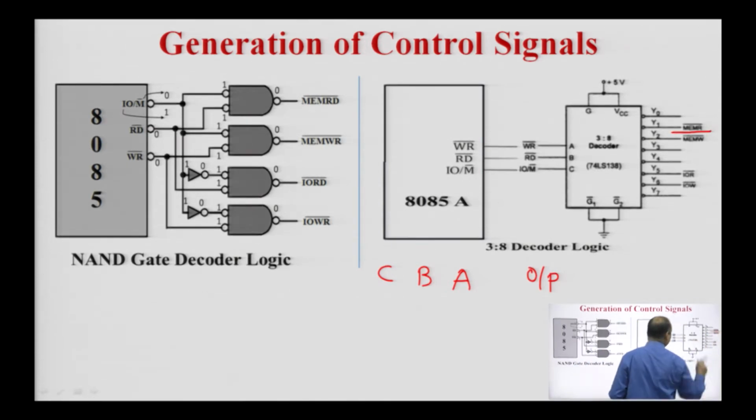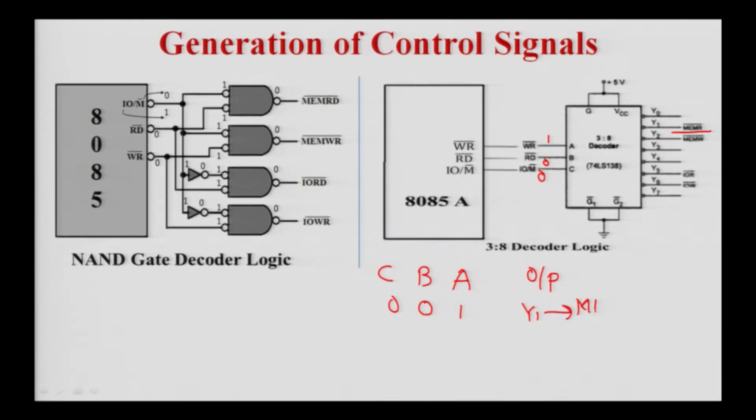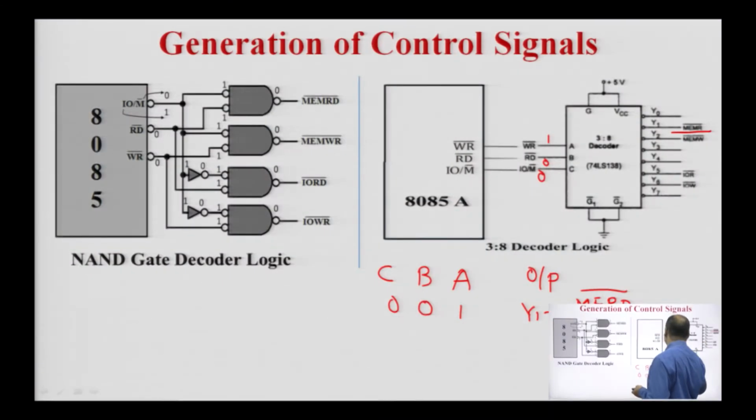So, here output Y1 is activated, and this is used for the memory read control signal.